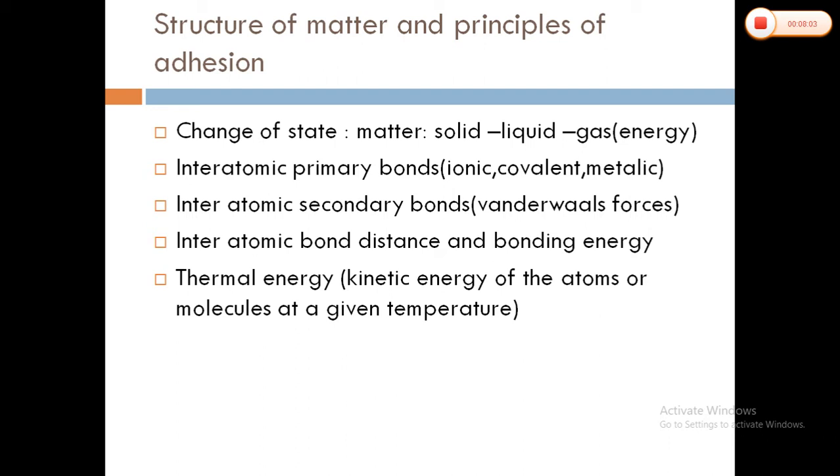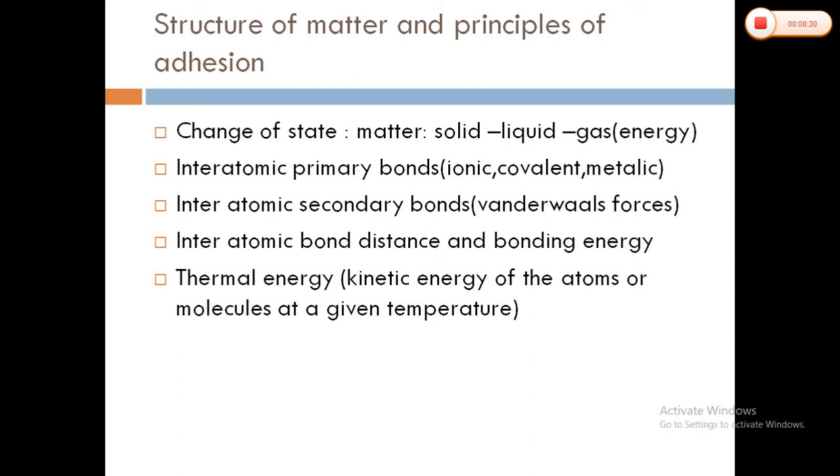The atoms existing in the matter are bound by interatomic primary bonds, which are ionic, covalent, or metallic. There are also secondary atomic bonds, which are also called van der Waals forces.